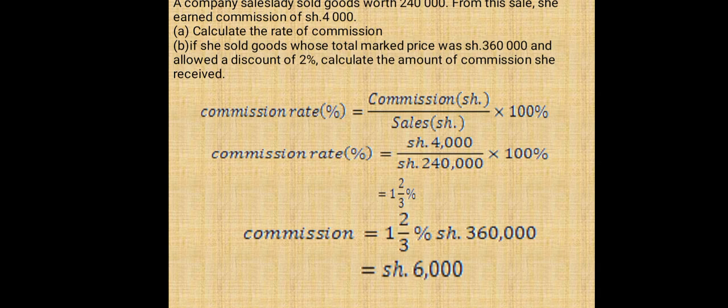Now part B, if she sold the goods at 360,000, what will be the commission she got? You get 1 and 2/3% of 360,000. We get this is 6,000 shillings.